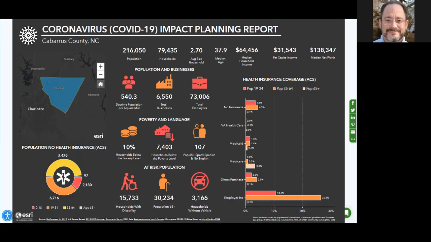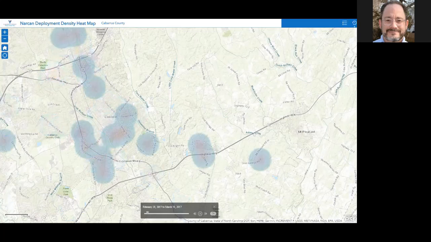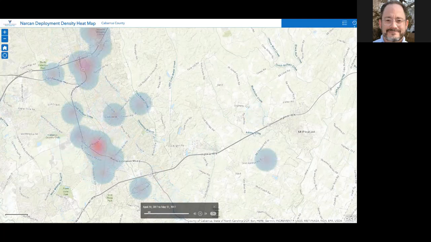They deployed a few different apps to support the coronavirus response. This is the impact planning report that does some demographic analysis to show the impacts and how things are going at the county. And then they've got this app as well, which is related to the opioid epidemic. So this is showing Narcan deployment density heat map over time.